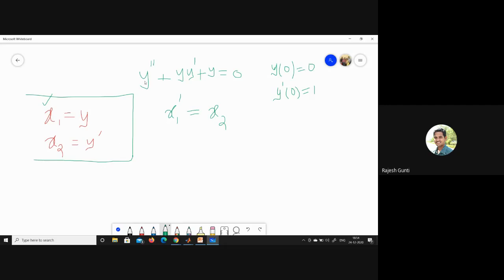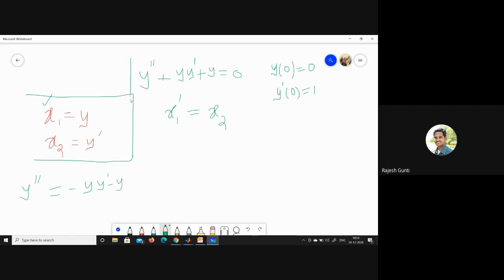What about this y double dash now? Substitute all these values. y double dash is equal to, after rewriting the given equation, minus y dash minus y. Am I correct or not?